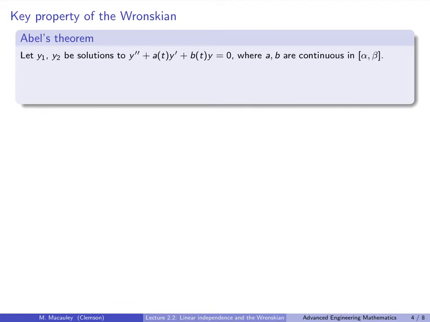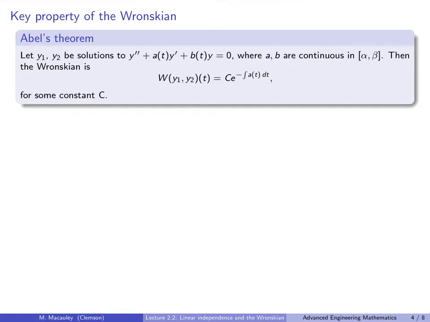This says that if we have two solutions, y1 and y2, to a second order homogeneous ODE, y double prime plus a of t y prime plus b of t y equals 0, where a and b are continuous functions in an interval, let's say alpha to beta, then the Wronskian of these two solutions is given by the following formula: c e to the minus integral of a of t dt, where c is some constant.